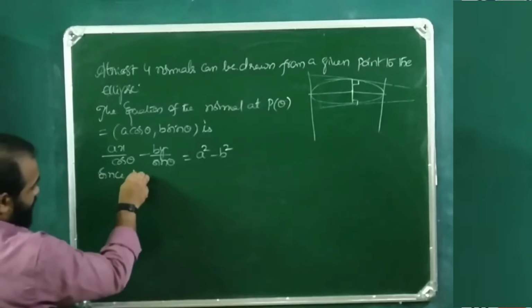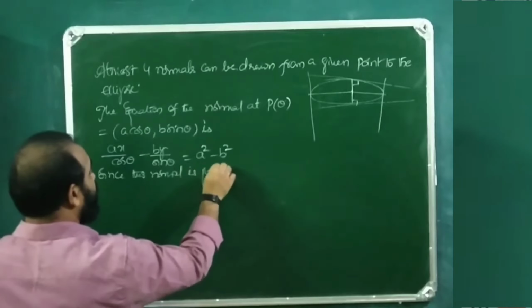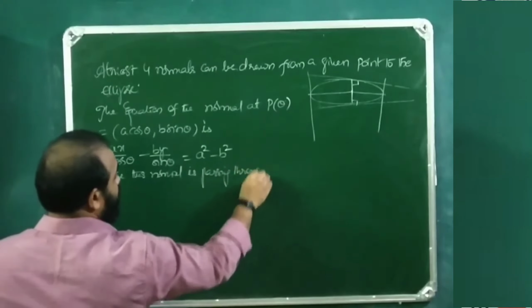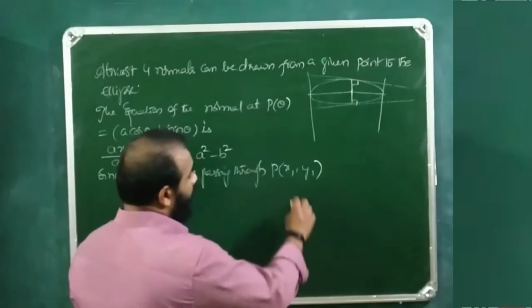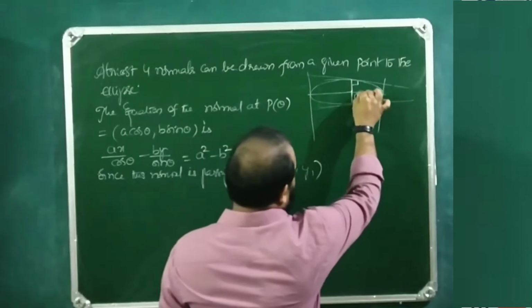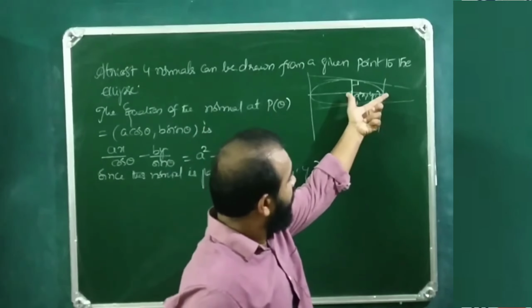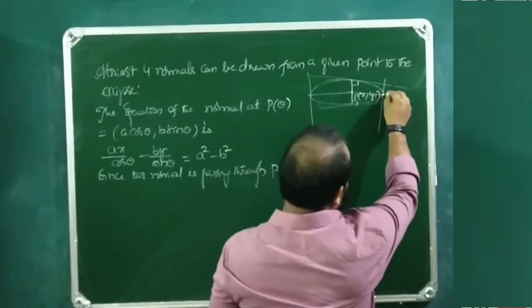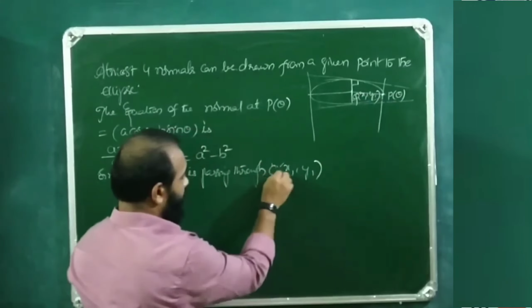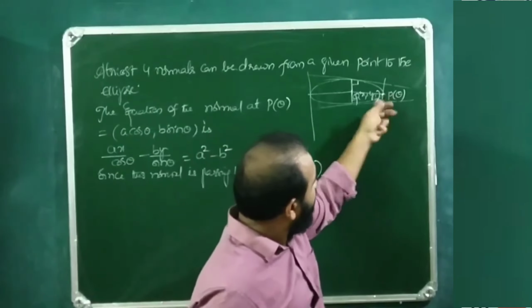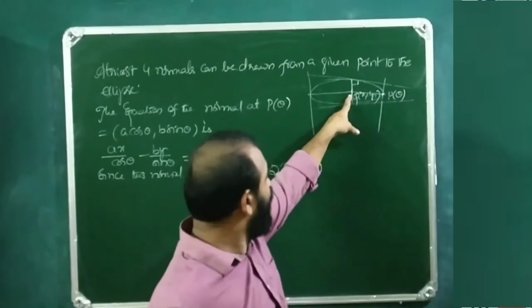Since this normal is passing through P(x1, y1). Where is P(x1, y1)? Here this is P(x1, y1). So this is the normal. The equation of the normal at this point P theta, let us suppose that Q(x1, y1) otherwise. At this point P theta, this is the equation of this normal, and this normal is passing through Q(x1, y1).